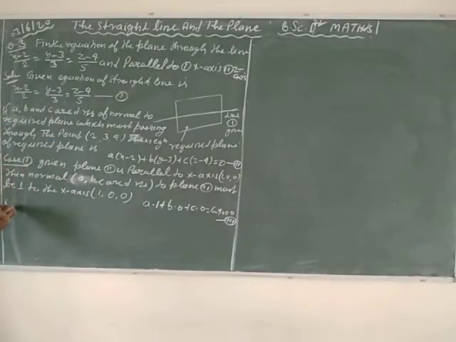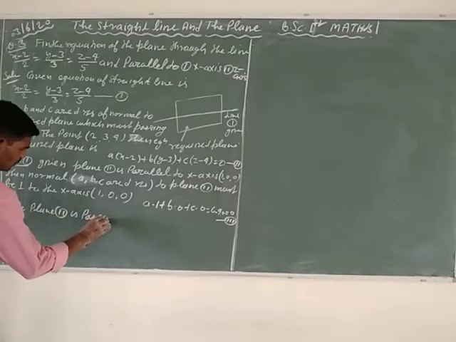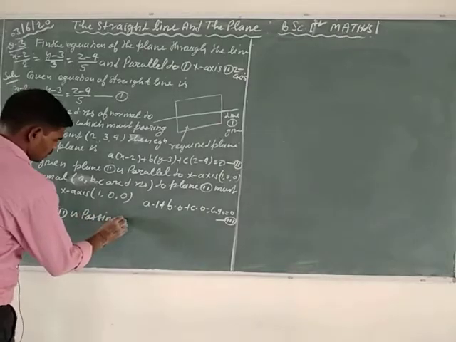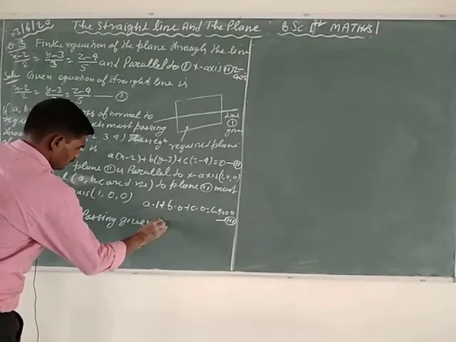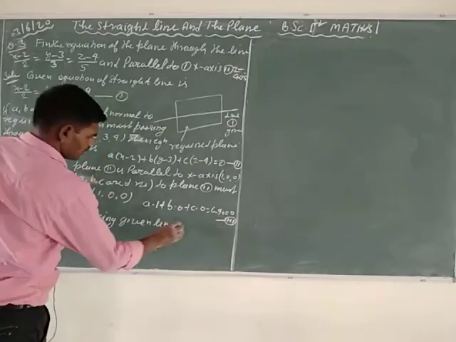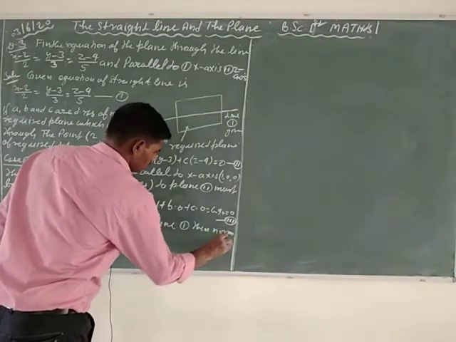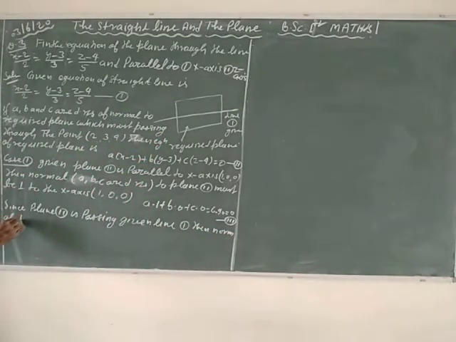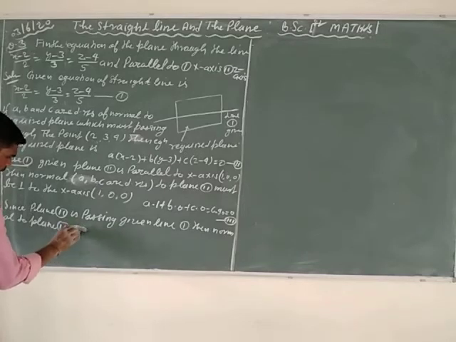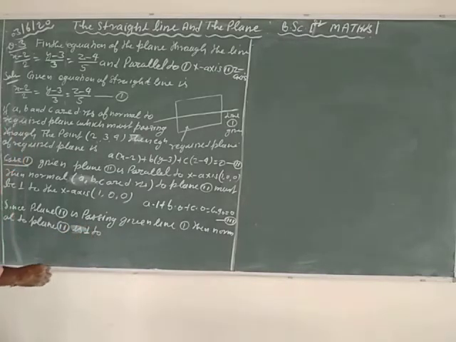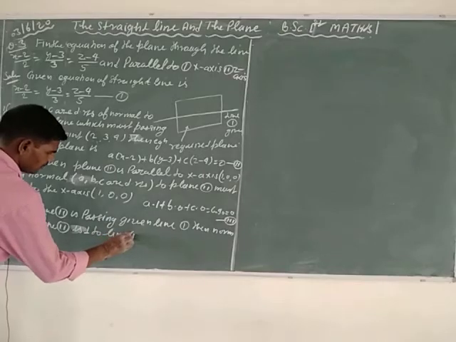Since plane second is passing through the given line, line first, the normal to plane second must be perpendicular to line first.